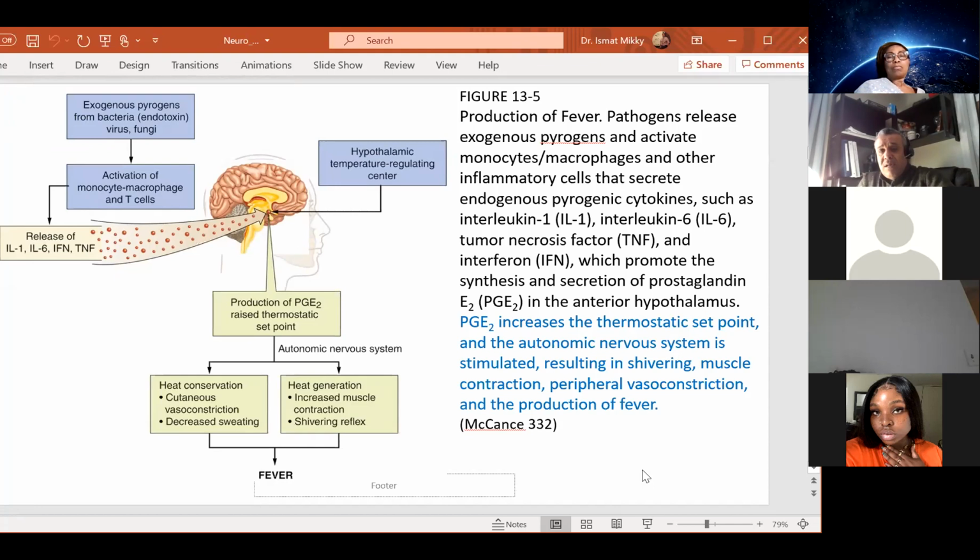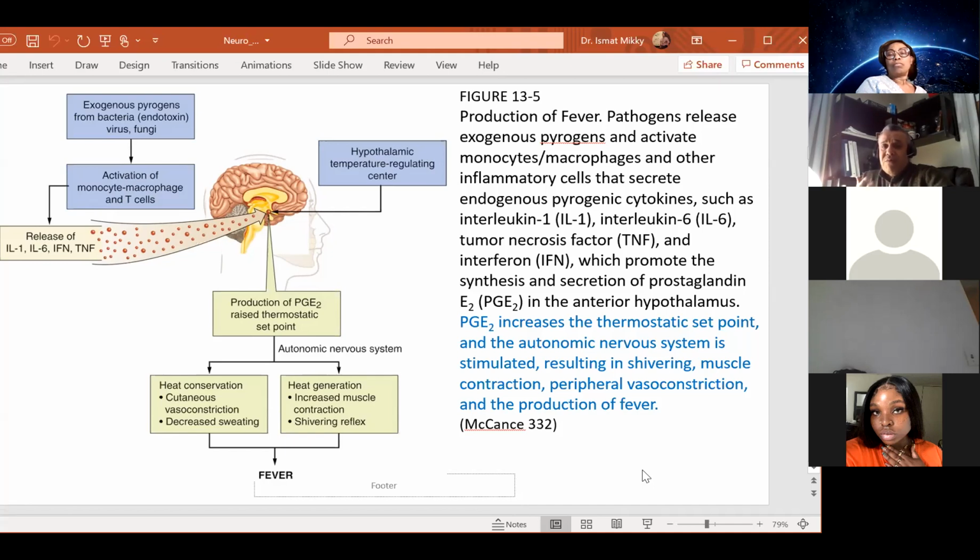This is another way to explain the mechanism of how fever develops. Pathogens, bacteria, pyrogens like lipopolysaccharides, macrophages, cytokines, and then one of the mediators that is very strong in resetting the set point for the hypothalamus is prostaglandin E2.